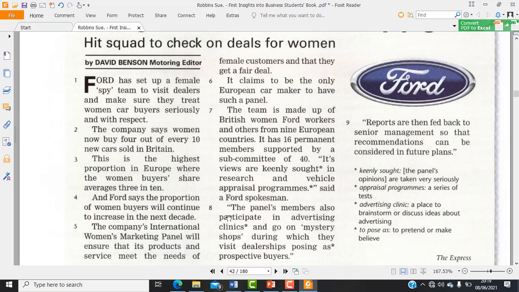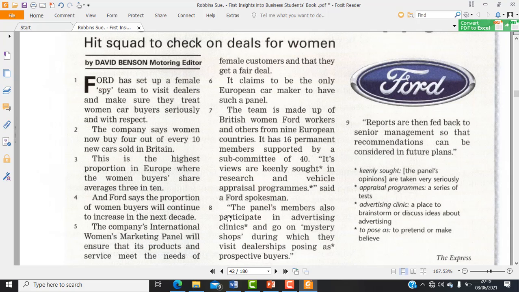Okay? And the Ford says the proportion of women buyers will continue to increase in the next decade. Jadi Ford itu berkata bahwa proporsi para pembeli mobil ini, wanita ini, customer ini akan terus meningkat gitu loh di abad selanjutnya. So therefore, the company's International Women's Marketing Panel will ensure that its product and service meets the needs of female customers and that they get a fair deal.